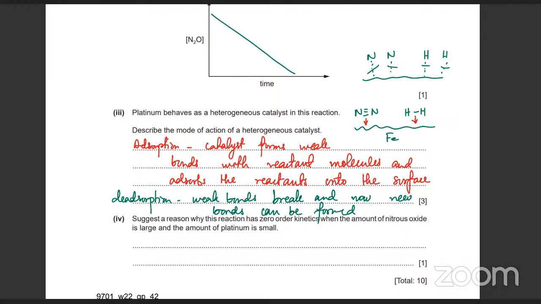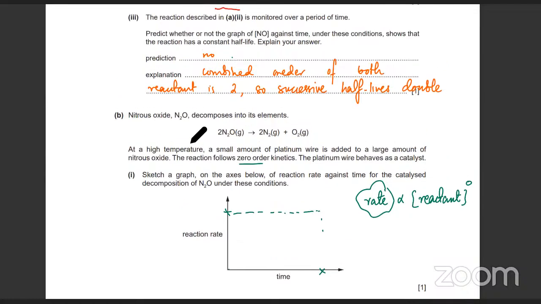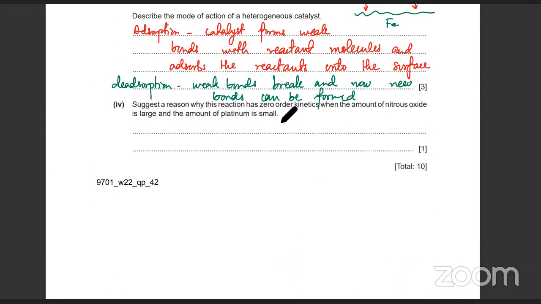Suggest the reason why this reaction has zero order kinetics when the amount of nitrous oxide is large and the amount of platinum is small. So why is it going to have zero order kinetics? A small amount of platinum is added to a large amount of nitrous oxide. So क्या होता है excess के अंदर, what happens?